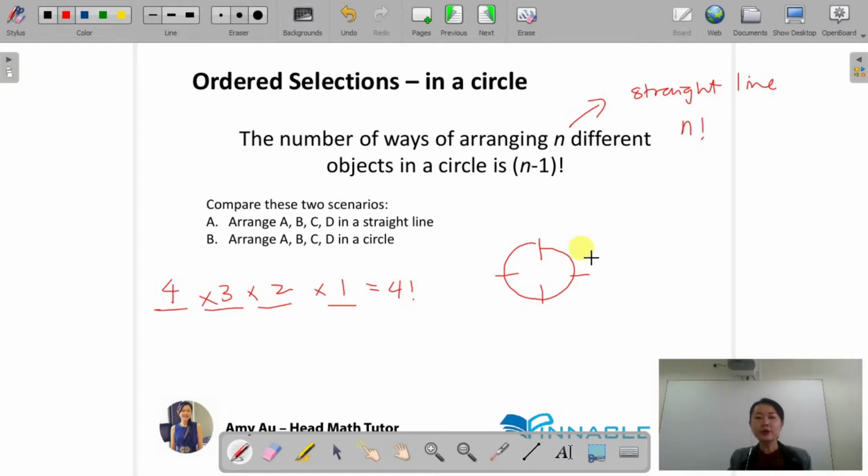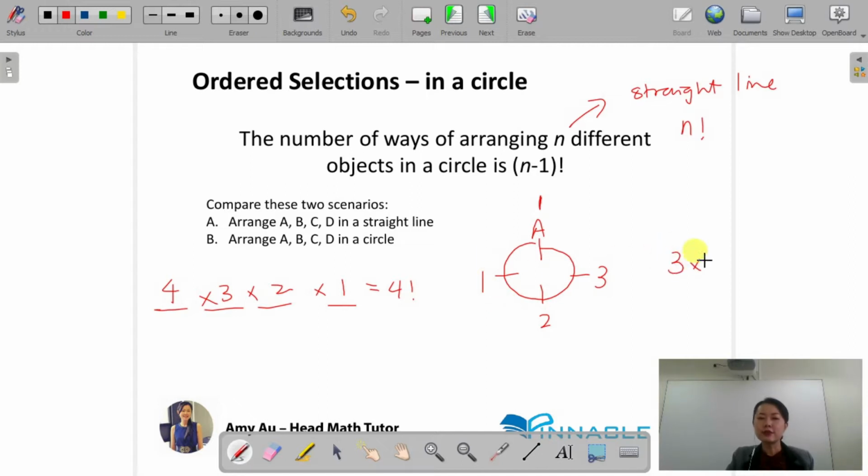So what you usually have to do with a circle is pick a person to sit down first and set it as a reference point for everybody else. So let's say I pick A and sit A down first, there's always only one way to put that first person down. Once you've put that first person down, then it's just business as usual. So the next spot will have 3 ways to fill, 2 ways to fill, 1 way to fill.